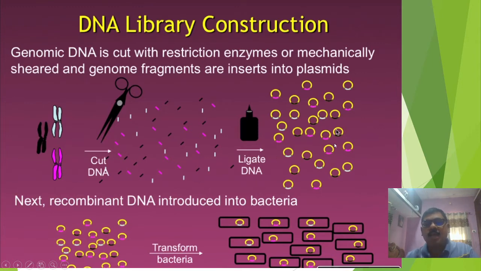And these plasmid DNA are along with the DNA from the particular cell, or the host organism, from where we have to isolate the gene that we have to recombine. This is the recombinant DNA molecule.